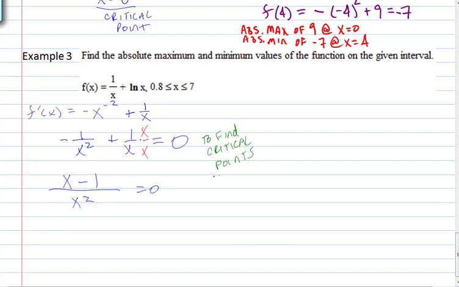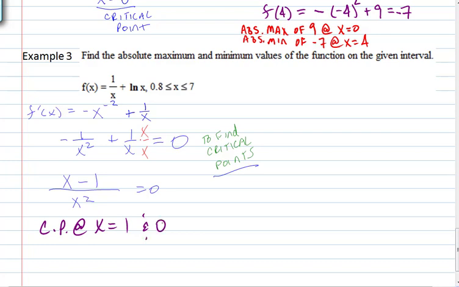So your critical points are where the derivative is equal to 0 and where the derivative is undefined. So we have critical points at x equals what? Well, this derivative is equal to 0 when x is equal to 1, right? And it's undefined when x is equal to 0.